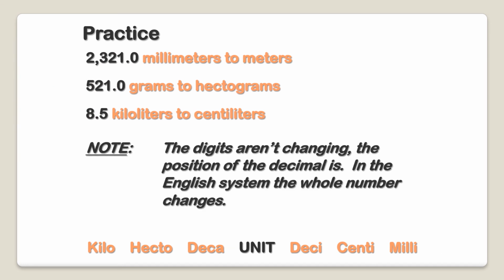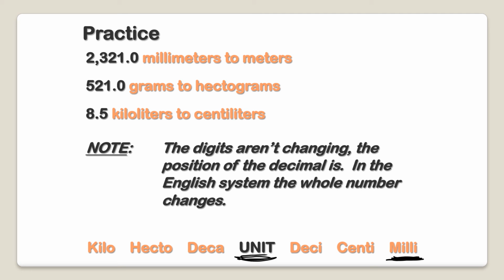So let's try again, do a little practice. Let's practice moving 2,321.0 millimeters to meters. So I start at millimeters. Let's find that right here. And I'm moving to meters.